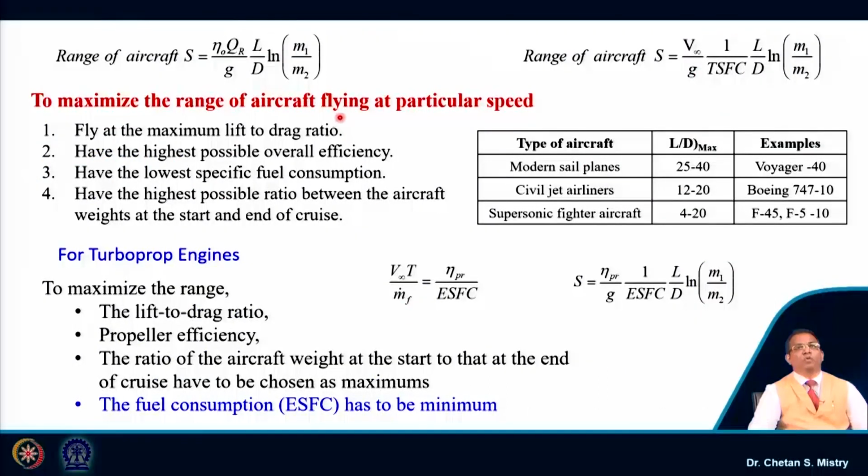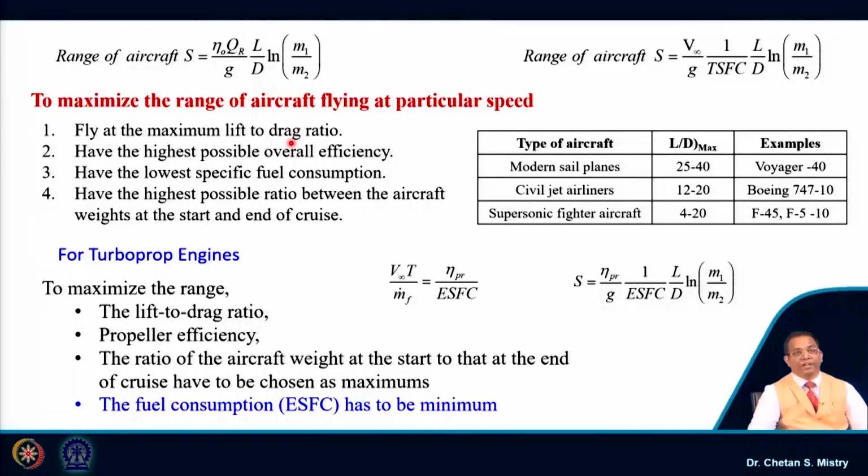Now, let me put this in this form. My range of the aircraft is represented in the form of overall efficiency and my thrust specific fuel consumption. So what it says is, if I want to increase the range of my aircraft flying at a particular speed, I need to have a very high lift to drag ratio.